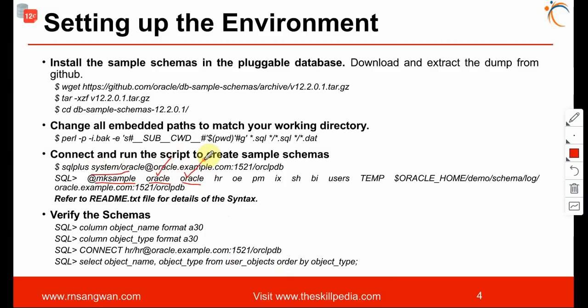You have to supply the password of all the sample schemas. This is the password for the HR schema, this is the password for the OE schema, this is the password for the PM schema, this is the password for the IX schema, then SH schema, BI schema, business intelligence, and all these are schemas. A lot of schemas are there.